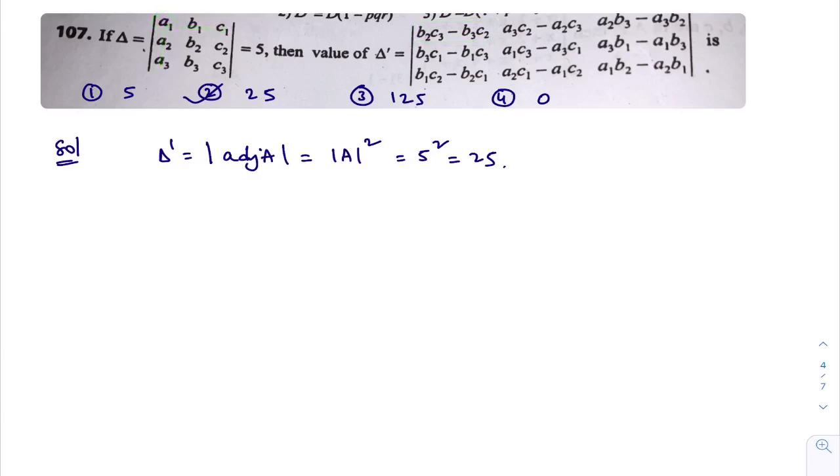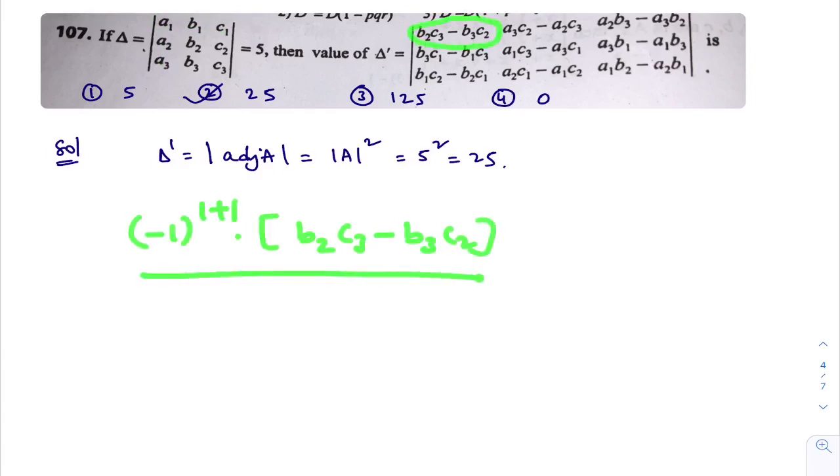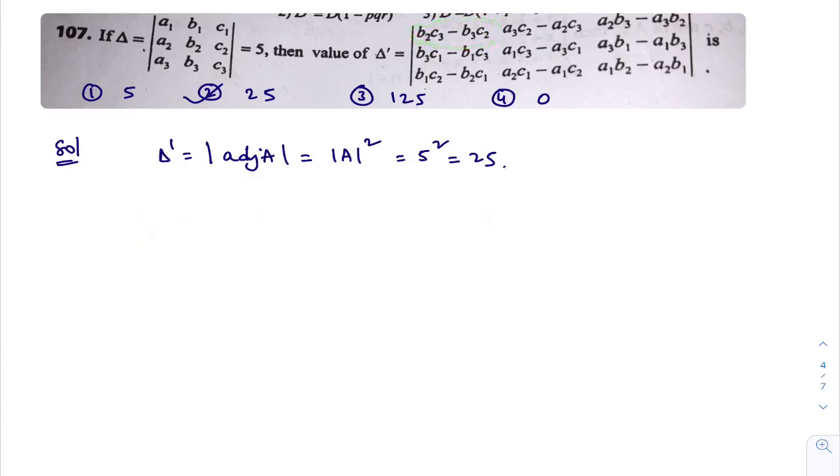That means I'll calculate this. Minus 1 whole power, first row first column element, into B2C3 minus B3C2. You can look here, whatever they have given here, both are the same. Please try to understand. If you observe this determinant, this is the cofactor of this.